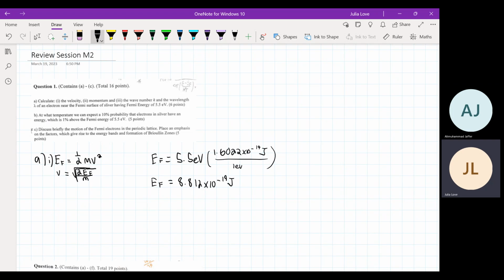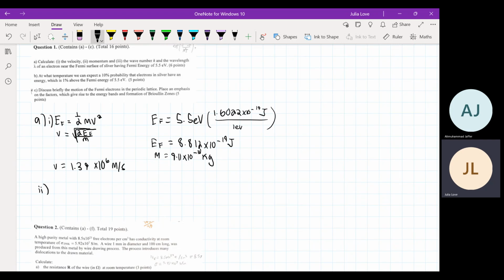We know the mass of an electron is typically given on the first page of the test. Plugging all those in, I'm not going to write the numbers out just to save time, but I plug in the E and the m equal to 9.11 times 10 to the minus 31 kilograms. So we have a velocity of 1.39 times 10 to the 6 meters per second.